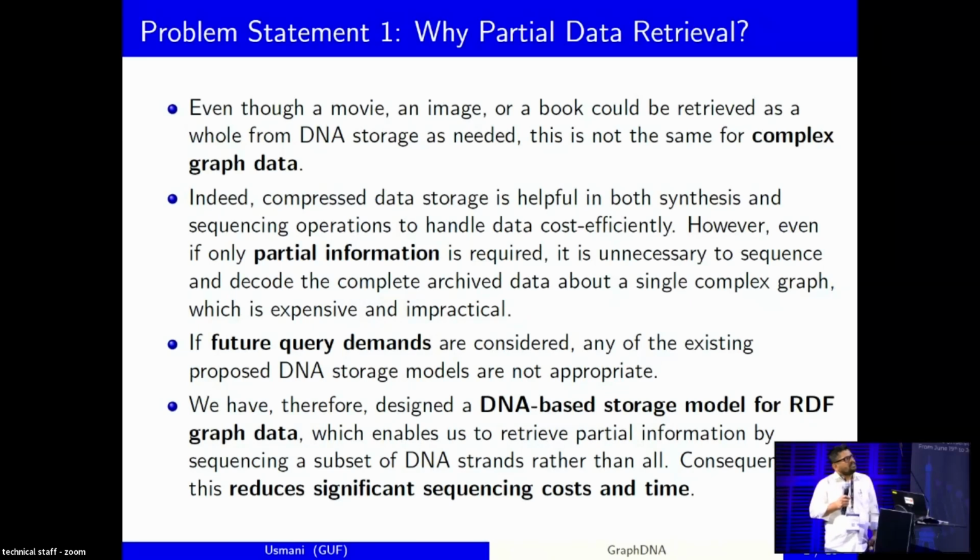However, a movie, an object, or a book could be retrieved as a whole and compressed before storage, but that is not the case with complex graph data, where we want to execute several queries over them.